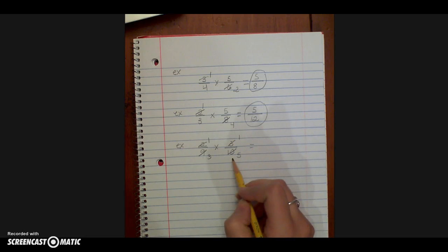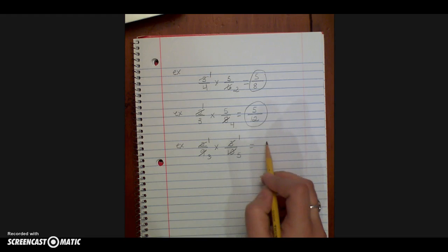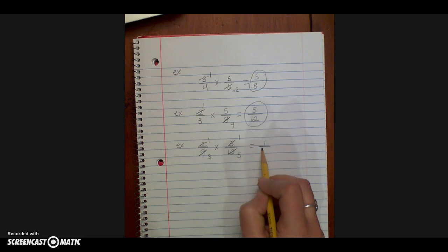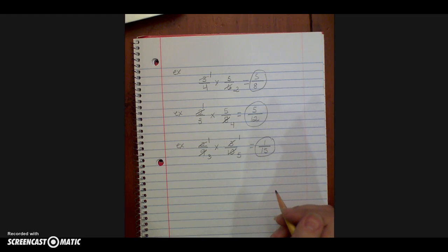I multiply across. 1 times 1 is 1, and 3 times 5 is 15. Simplest form. So obviously, the benefit of doing it the second way is that you are already reducing before the numbers get too complicated to handle.